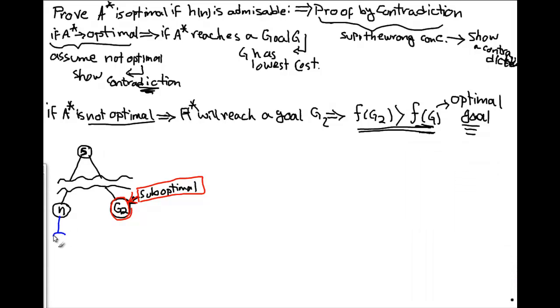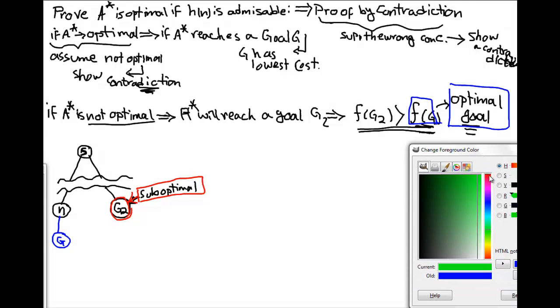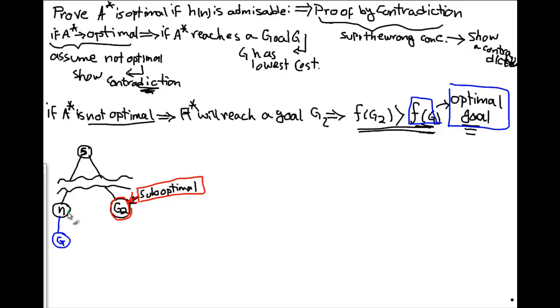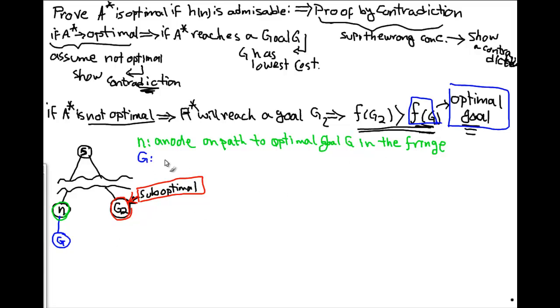Let's suppose that on the path to the optimal goal, there is a node on the fringe, and I call that node N. So here's what I'm actually working with: N is a node on the path to the optimal goal G in the fringe. G is the optimal goal.